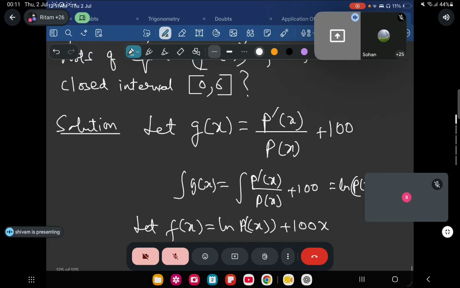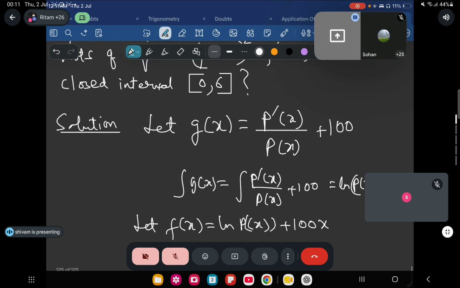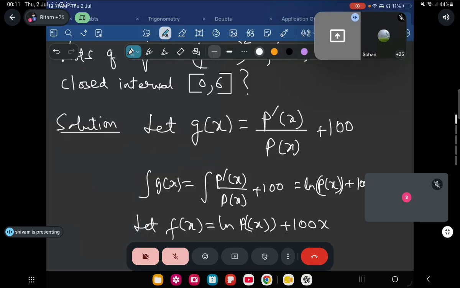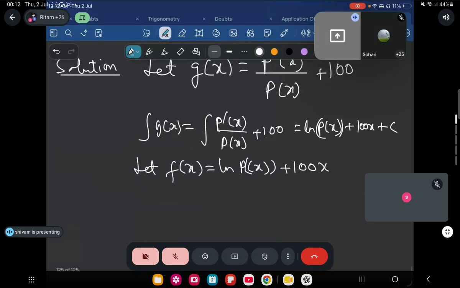I think I missed a constant. Oh yes, after integrating we'll get a constant term as well. So let f of x equal to ln p of x plus 100x plus c, and this is equal to 0.